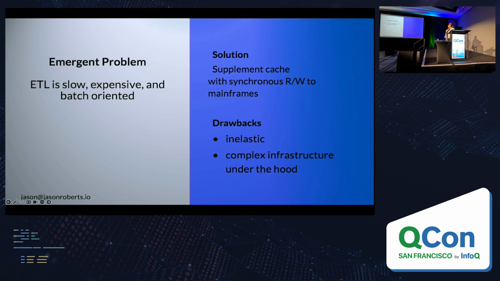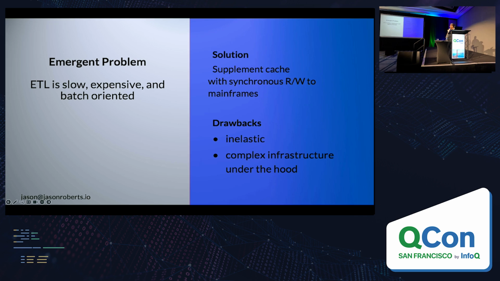So ETLs are perfectly fine if you're looking at analytical data. However, in this case, we were dealing with operational data, and the batch nature of ETL was ill-suited to give customers the most recent information about their accounts.